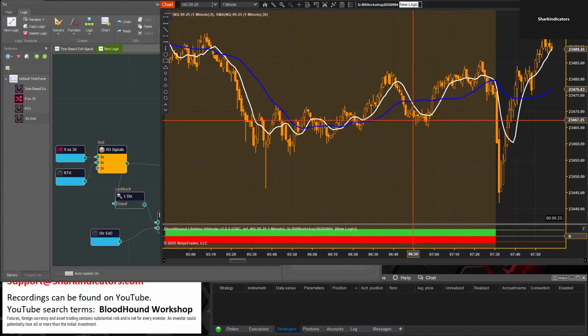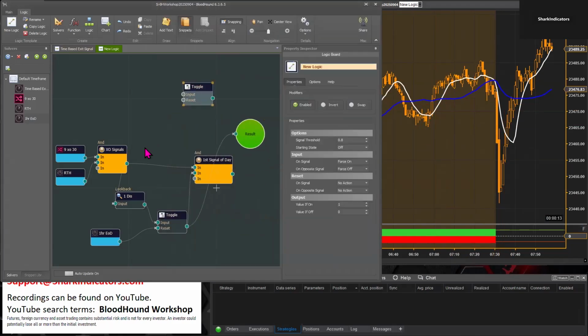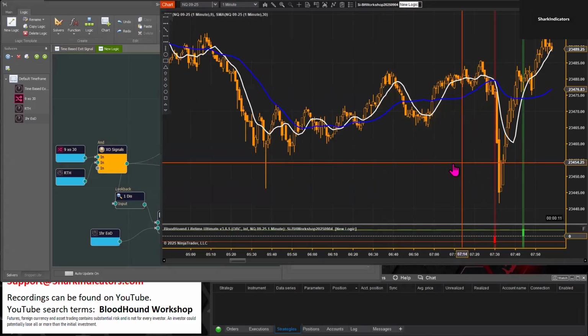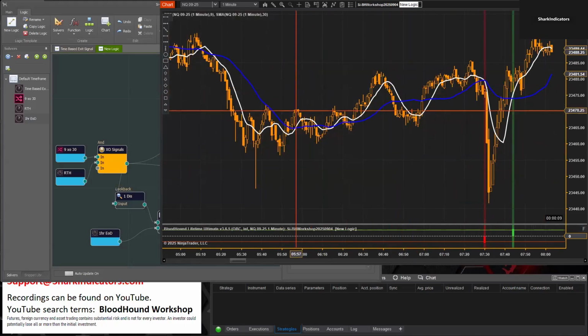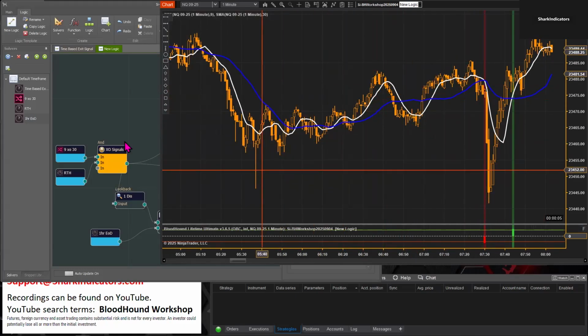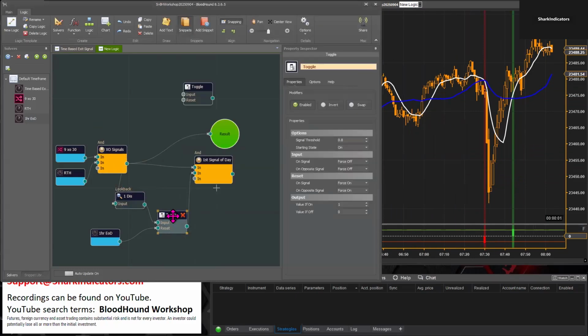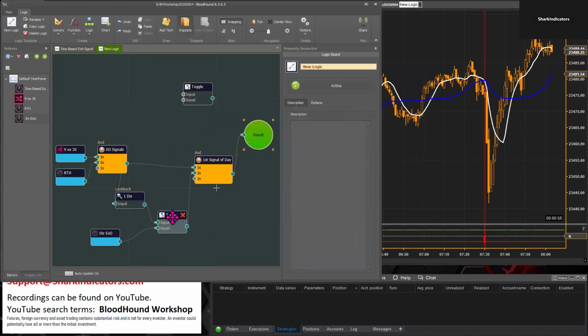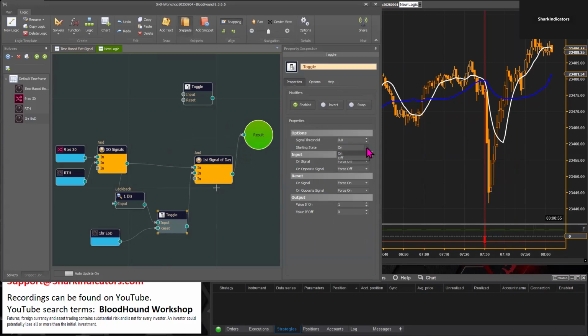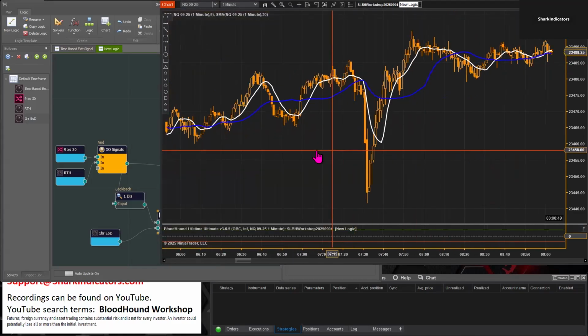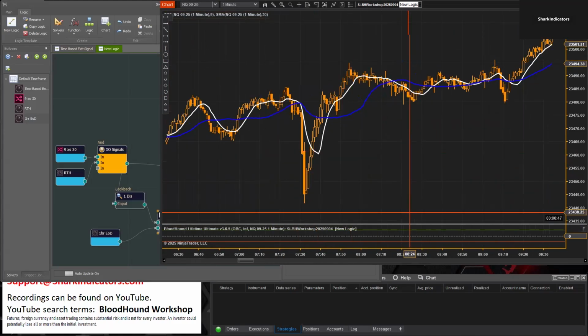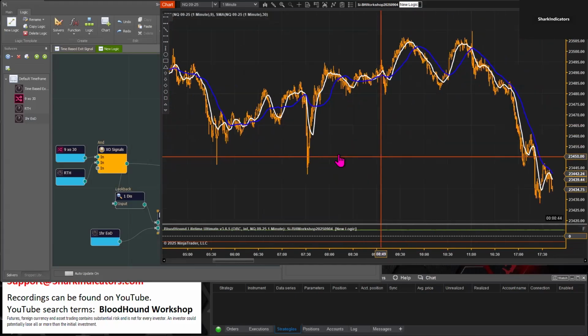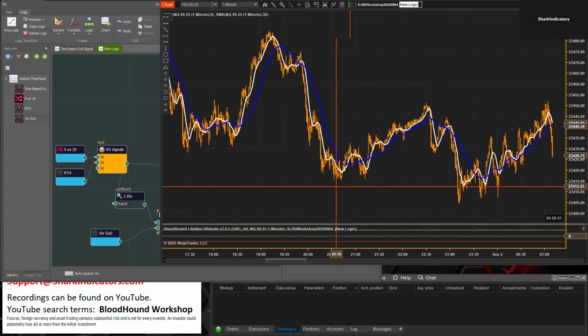So you can see that before the crossover signals started coming through, the toggle node needed to be on for that first signal there, right? So yeah, let's connect that in, right? So if I take the toggle node and I put it back to off, then it'll just never work. So yeah, you'll see that we won't ever get any signals anywhere.